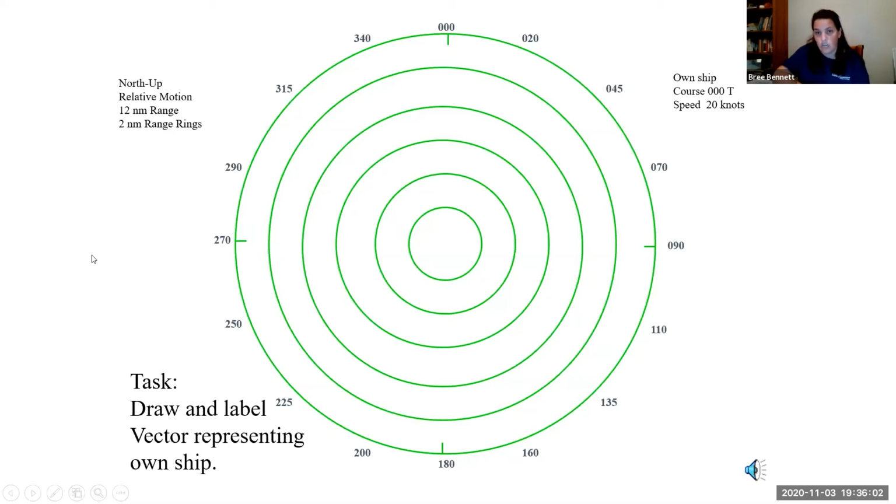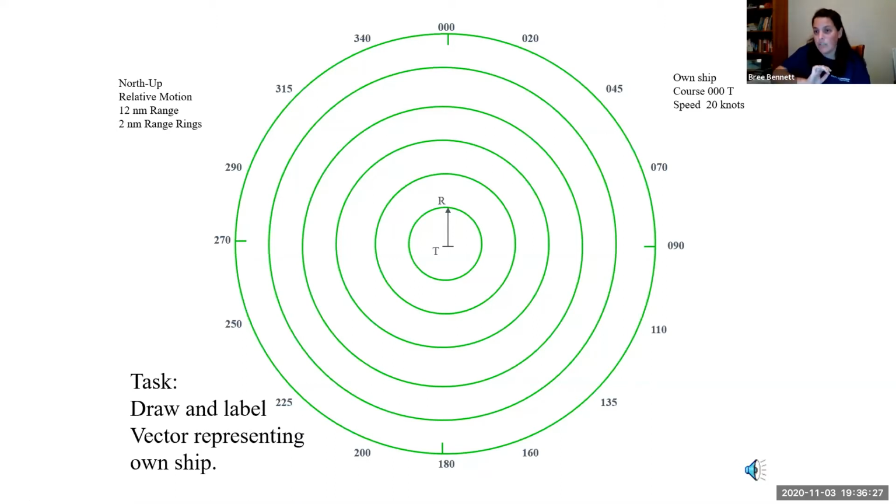We always want to draw our heading line, which they didn't draw. They just put our own vector there, which shouldn't be labeled R. I guess this is a little confusing, so don't look at the labels. In 6 minutes, we are going to be moving 2 miles.